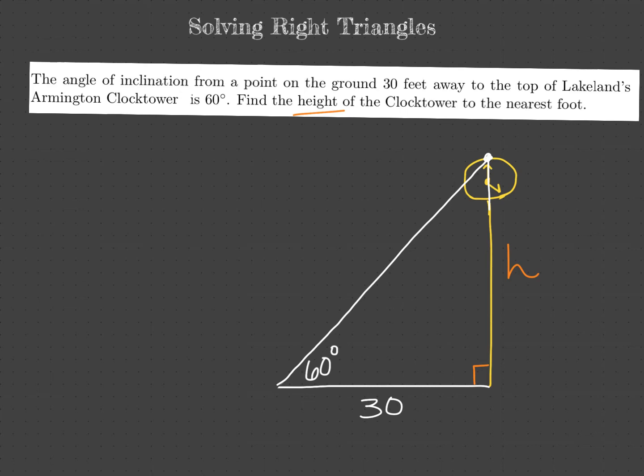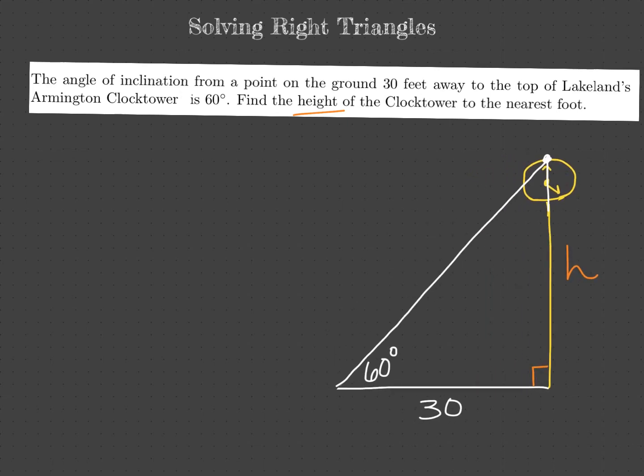Now you also notice that this is a 30, 60, 90 right triangle. And so therefore we do also have those relationships between the side lengths. So if you remember those, you can easily know what H is based on 30. However, you do not need to remember those things to use this trig. So we have 60 degrees, and from the perspective of 60 degrees, we have the opposite and the adjacent side lengths.